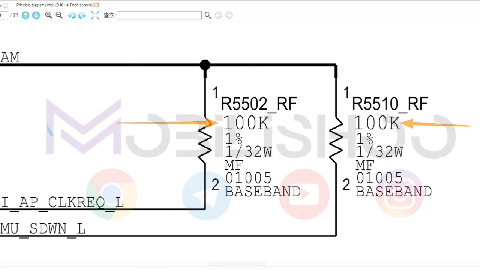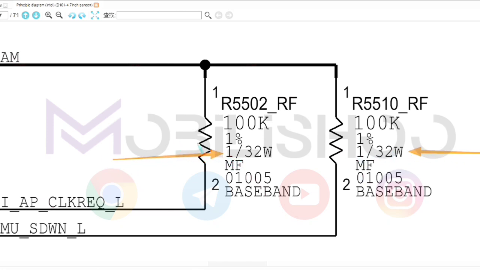The letter K, which we see at the end, is the unit kilo, or thousand, so that is 100,000 ohms of resistance. The error coefficients of the resistors in the diagram are different, such as 1%, 5%, 0.5%, 0.1%, where our resistor is 1%.